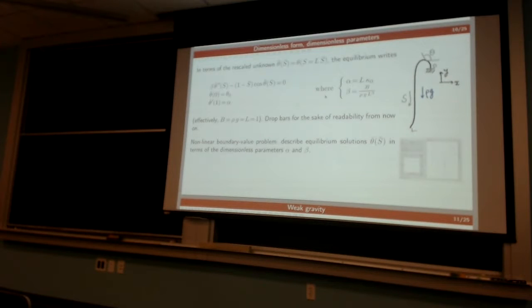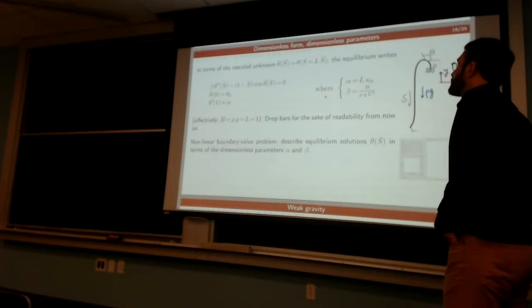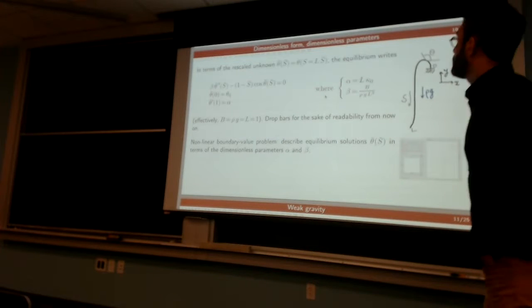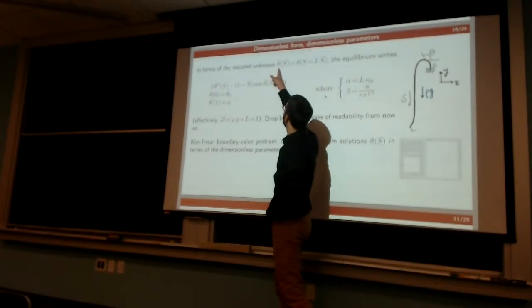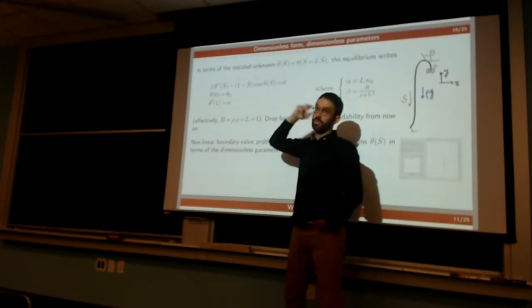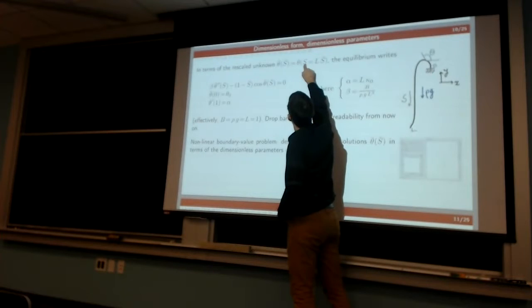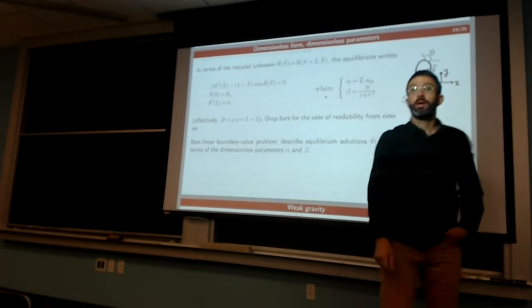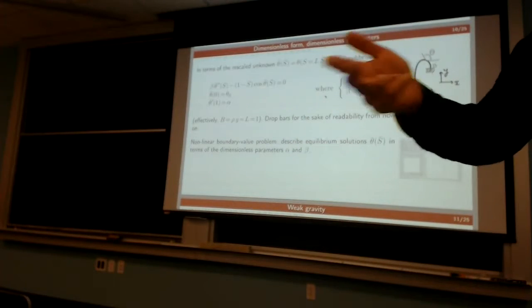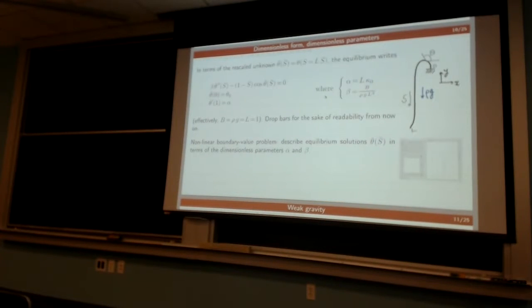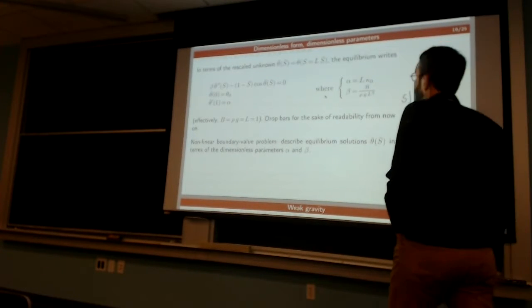Before we do some analysis, let's turn this problem into a dimensionless form because it's so much easier to do the analysis later. The first obvious rescaling is to use a new function theta with a bar on top that makes use of a rescaled length. Instead of S, I'm using S bar, which is S over L. That way I remove the explicit length in my problem.